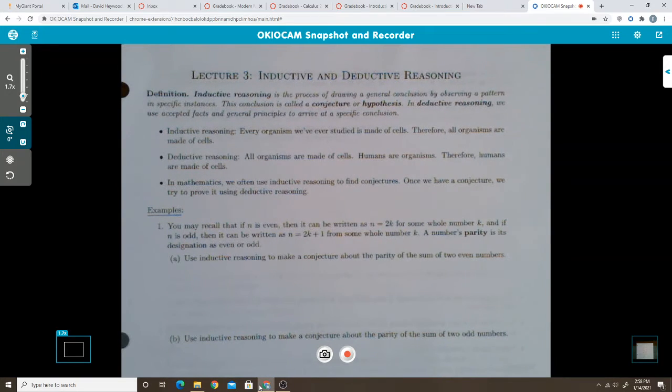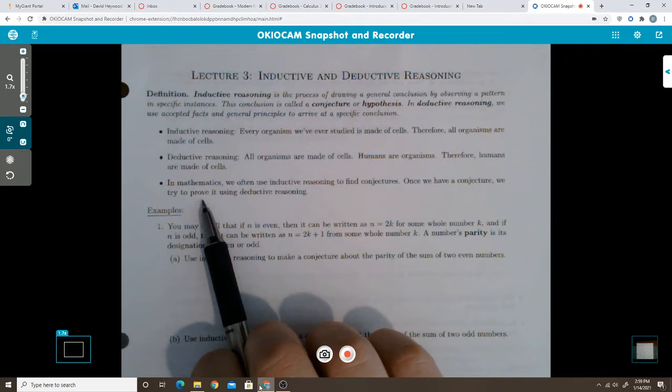So again, to give you the sun example, right? Inductive reasoning was, well, the sun has risen every day of my life, therefore the sun will rise tomorrow. Deductive reasoning would be for you to actually sit down and figure out how gravity works and why the earth revolves around the sun and stuff, and then use all of that reasoning to deduce the fact that the sun will in fact rise tomorrow, right? So that's the difference between inductive and deductive reasoning.